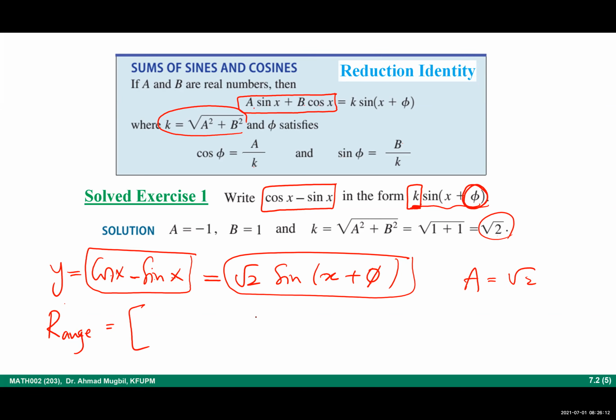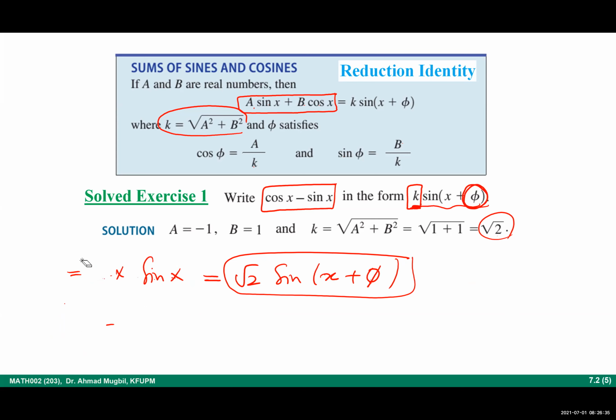So the range will be from where to where? From -√2 to √2, from the minimum to the maximum. So you don't need to find phi if you just want to find the range. But if you want to sketch the graph or find the horizontal shift, you should continue.